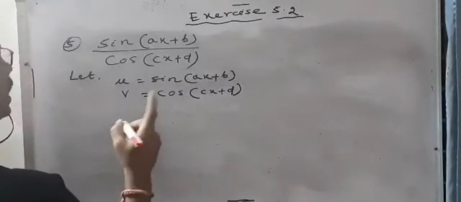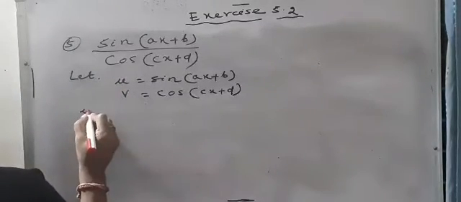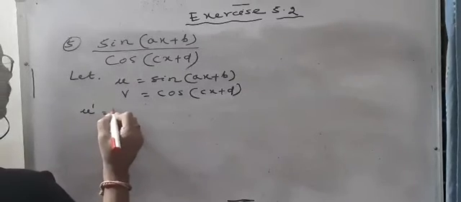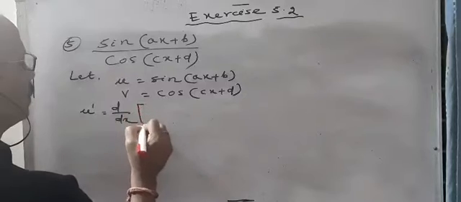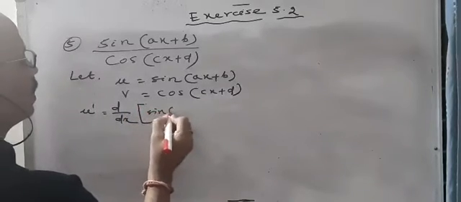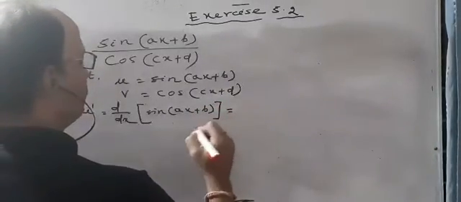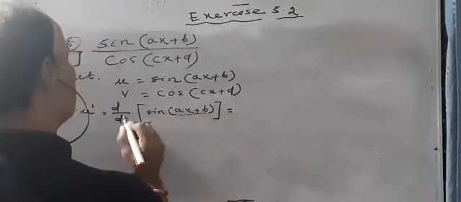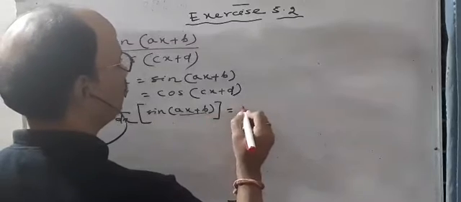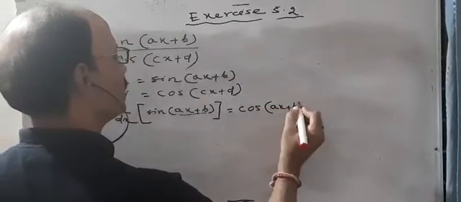So now we have to find the derivative of u, that is u dash. u dash will be equal to d dx of sin ax plus b. The derivative of sin theta will be cos theta, and here theta is ax plus b.